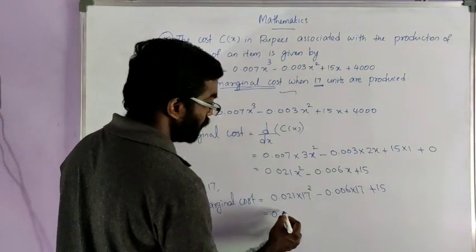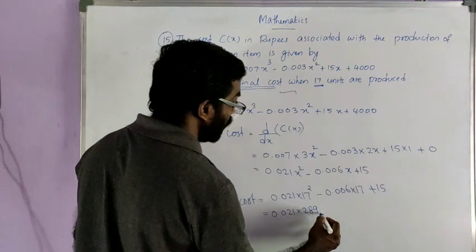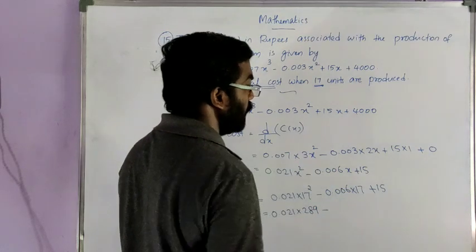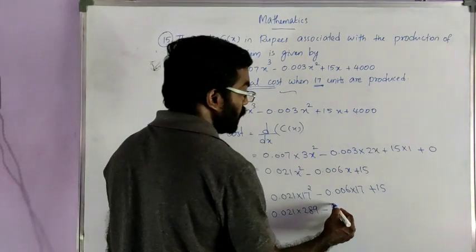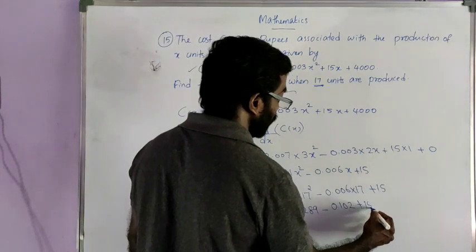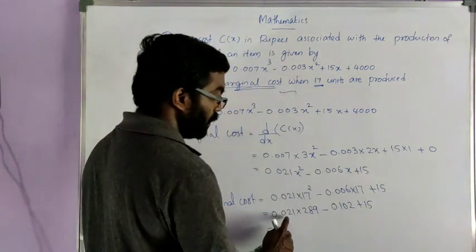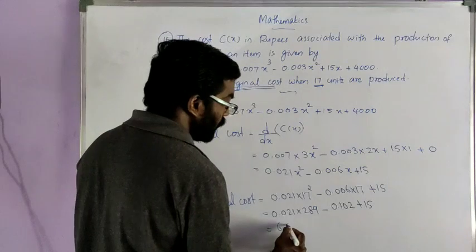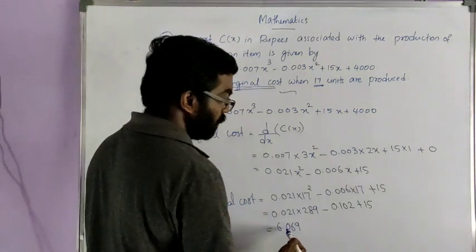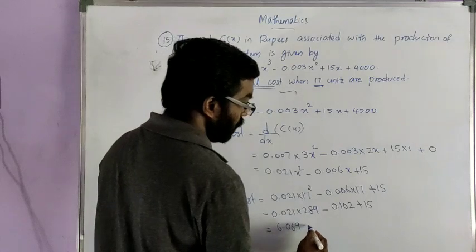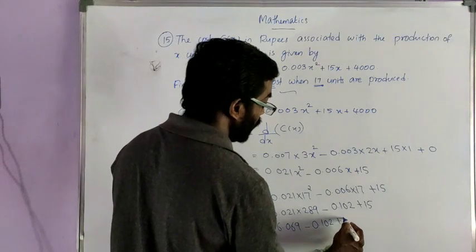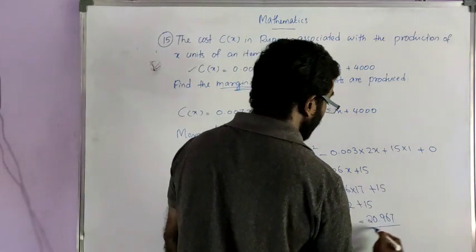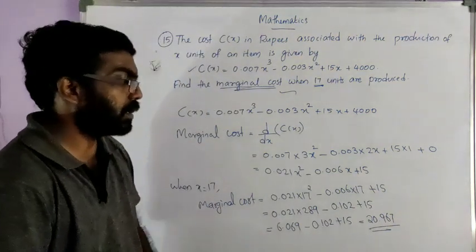Or we can write 0.021 into 289, then minus, here we can multiply 0.006 and 17, and this will be equal to 0.102, then plus 15. 0.021 into 289 will be equal to 6.069. On multiplication we get 6.069, then minus 0.102 plus 15, which is equal to 20.967.